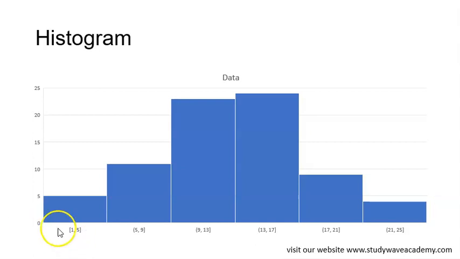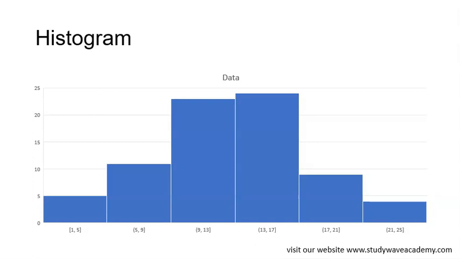Do you understand? Here represents the frequency, and this place represents the ranges, okay? So we can now differentiate between the bar graph and histogram, right? Good. So you can also use the histogram to represent your data set, okay?